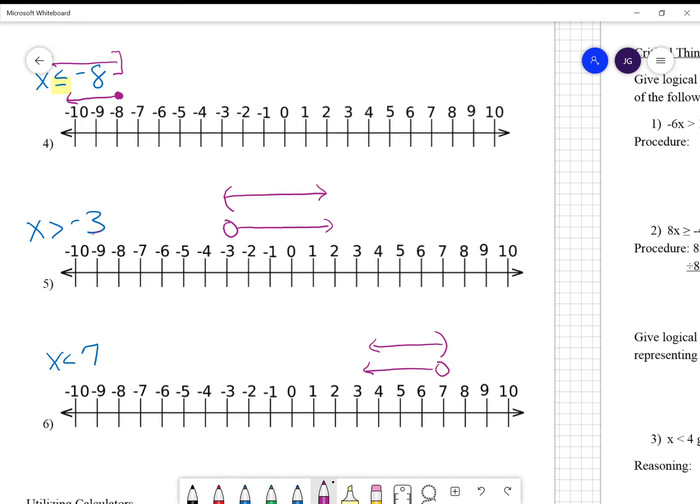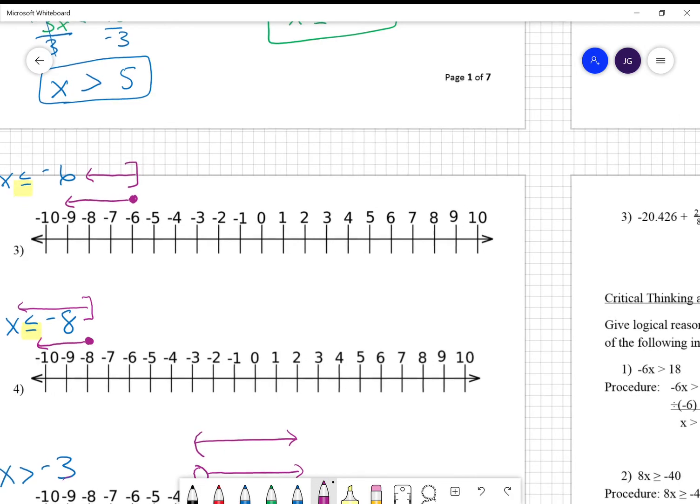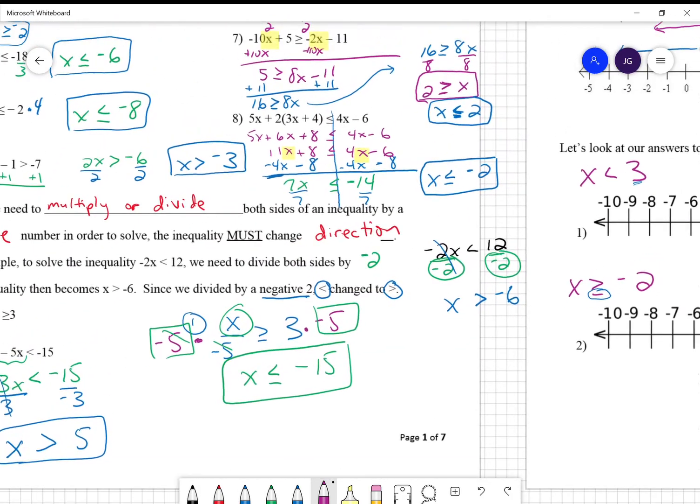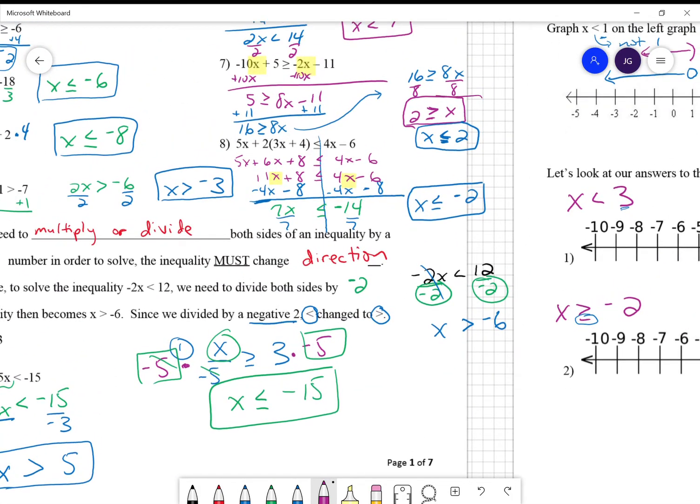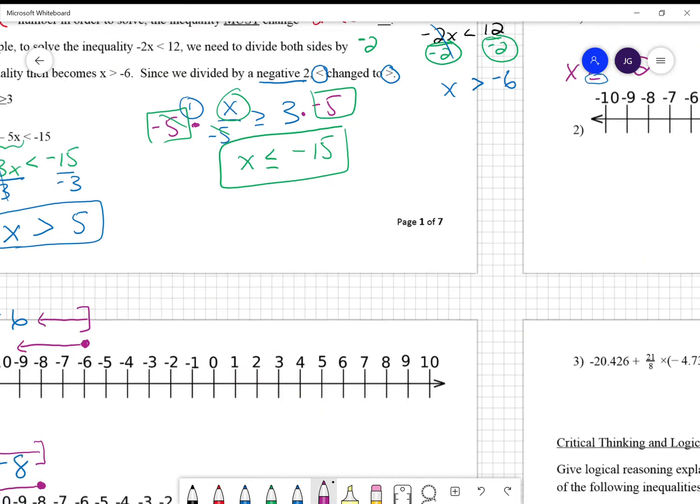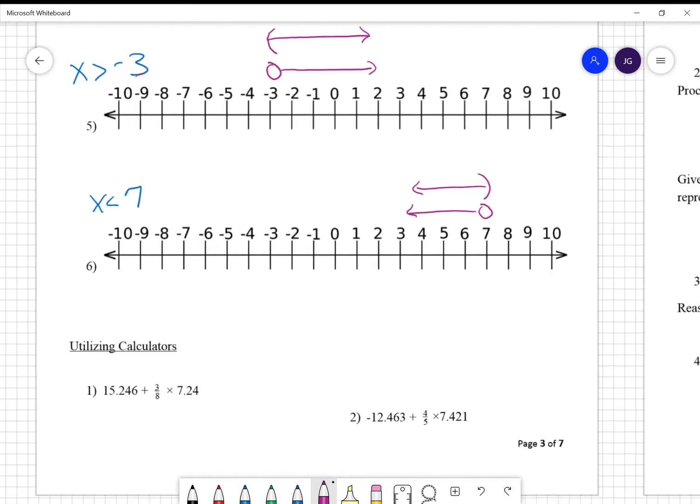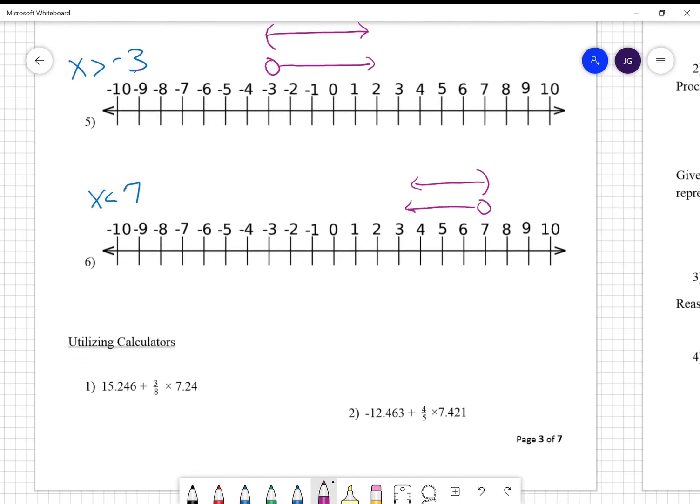Now I thought I had this one on this example. Let's go back and get that problem. Remember when we had the answer 2 is greater than or equal to x?